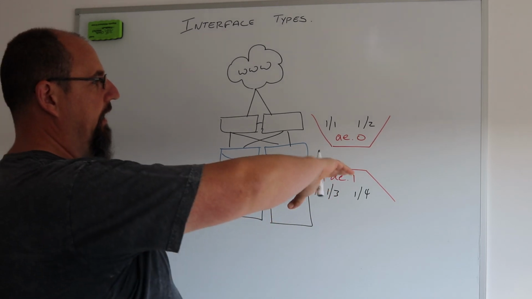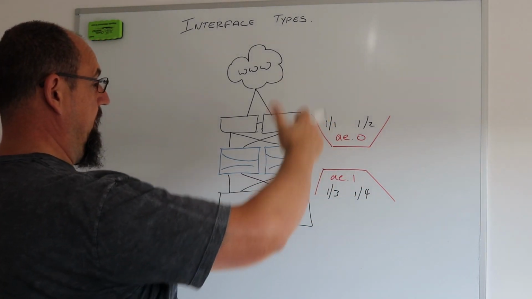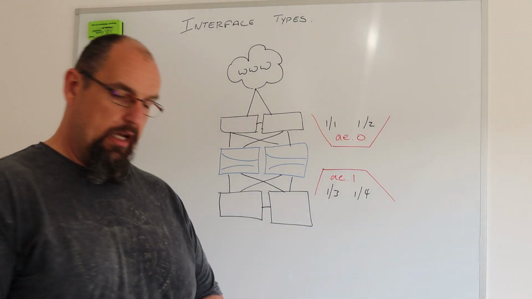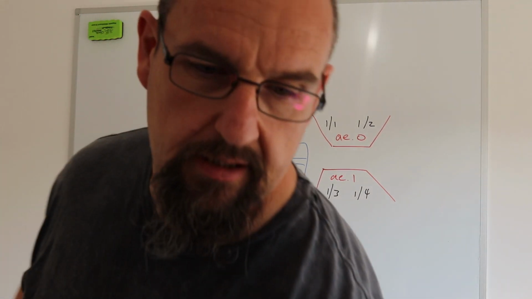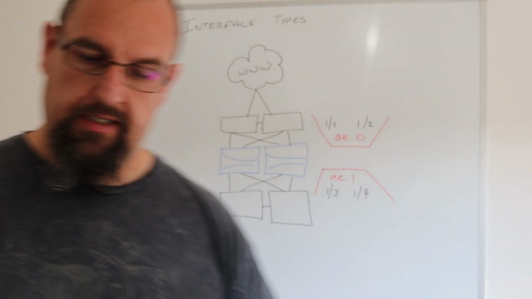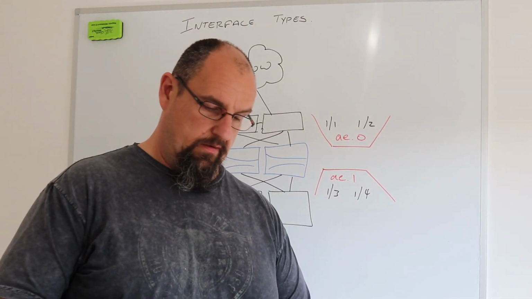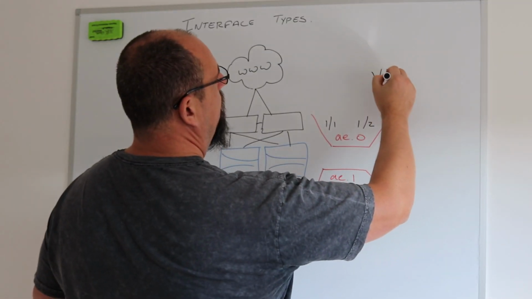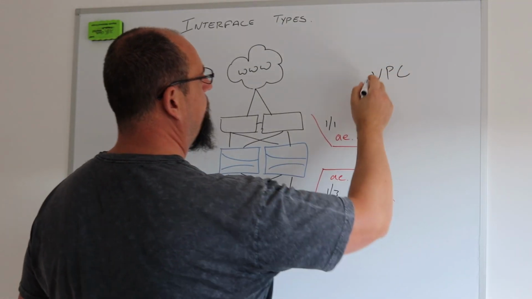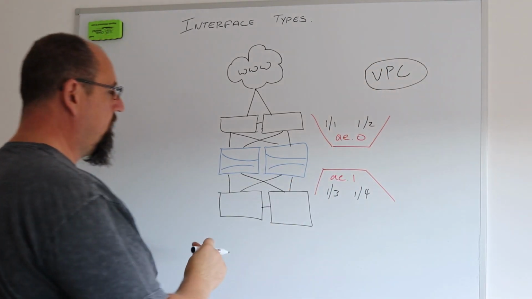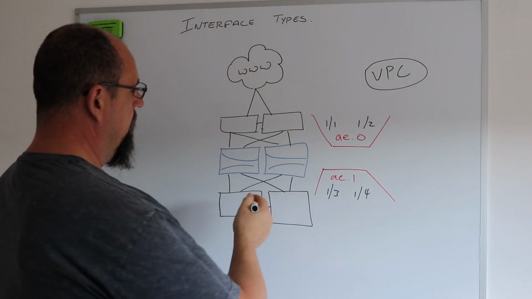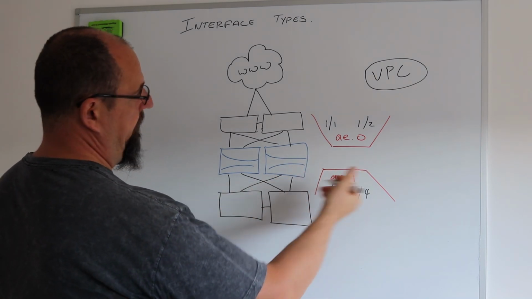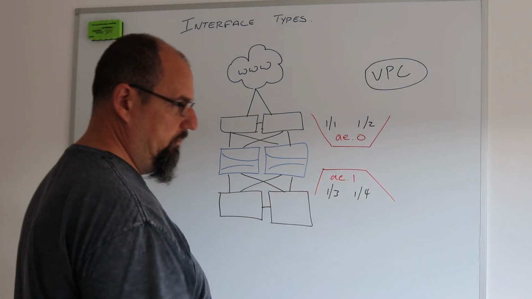So once we've created our aggregate interfaces, we then connect them to the bottom, to the switches. And you'll find that in most places they have the concept of a VPC, not Amazon VPC, but the virtual port channel, VPC. On this VPC, you have a virtual port channel between two switches, and our aggregated interface will run across them.